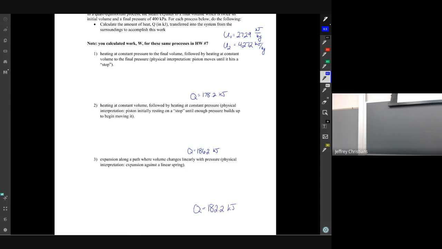Show of hands on the last problem: how many people actually did the integral? I just did the area of a triangle. Did everybody just do the area? Yeah. Nicely done.